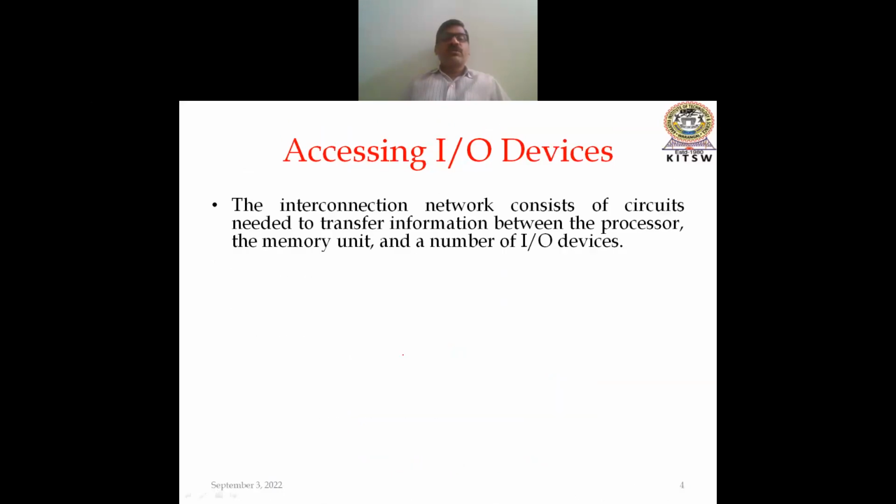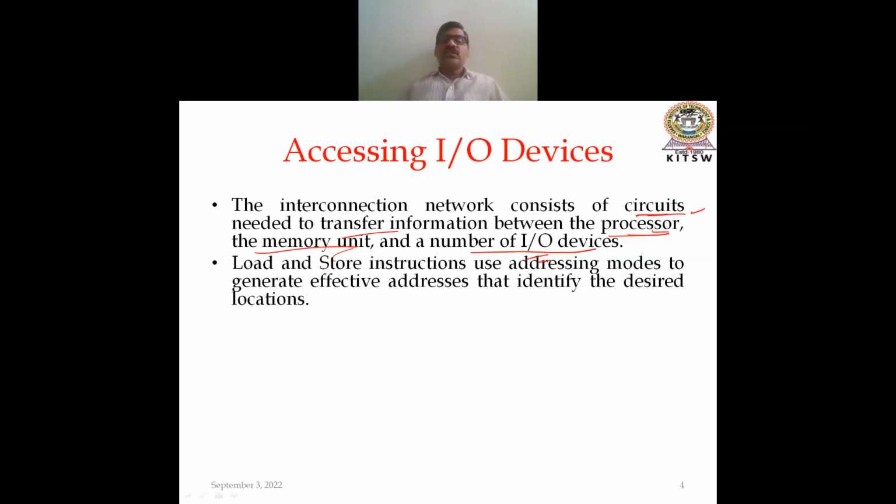For accessing the IO devices, the interconnection network consists of circuits which are needed to transfer information between the processor, the memory unit and the number of IO devices. So the interconnection network consists of circuits which are required to perform the data transfer between the processor and the memory unit, and between the processor and the different IO devices.